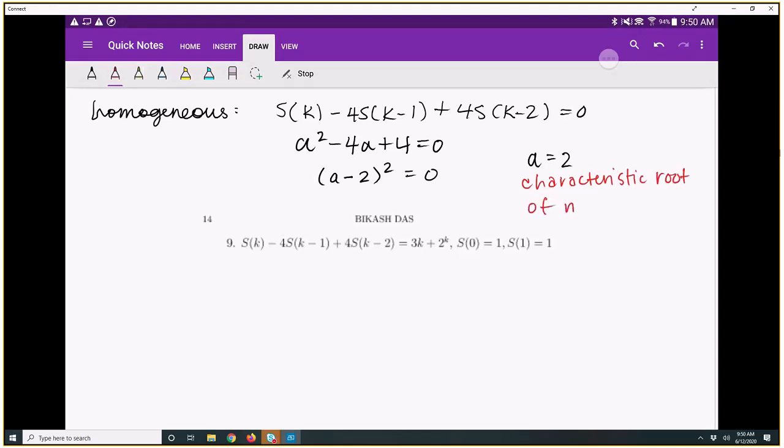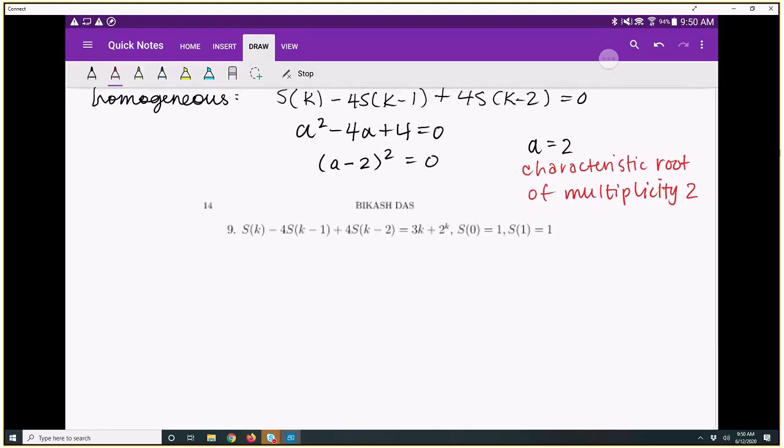So we know from the lecture that we have to take a little bit of an extra step here. When I'm guessing at my homogeneous solution, I'm going to say the homogeneous solution to the recurrence relation should be something like B10 plus B11k times 2 to the power k.